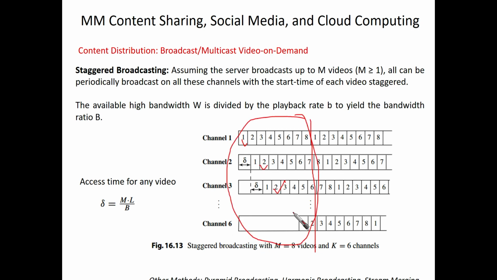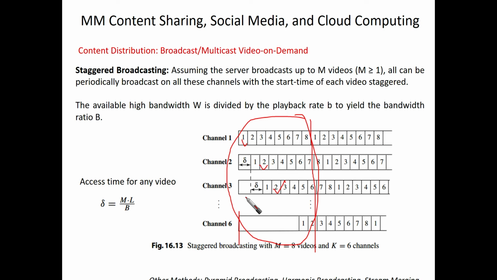Out of this whole number of channels, I will pick the closest one, the one that is starting soonest. In other words, at any time slot I am getting at least one of those videos, right? That's the idea of how it works.